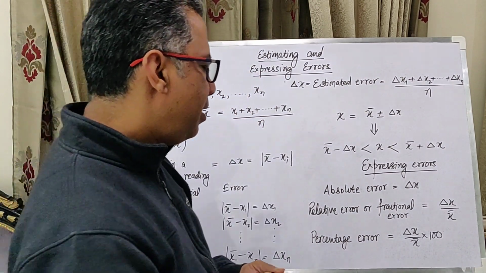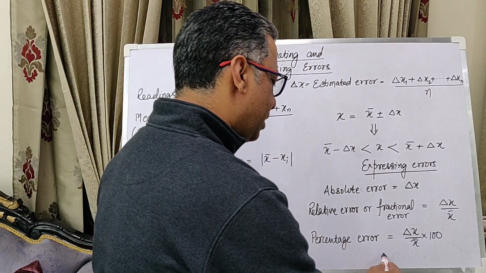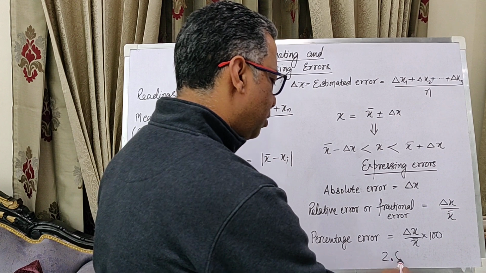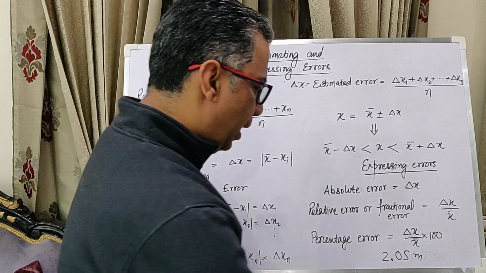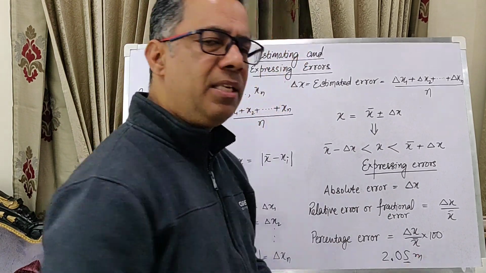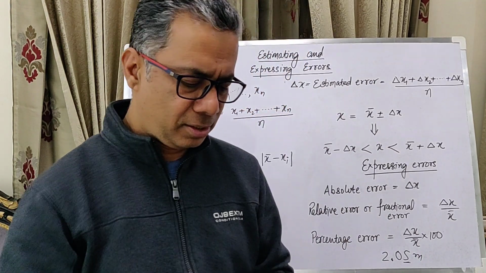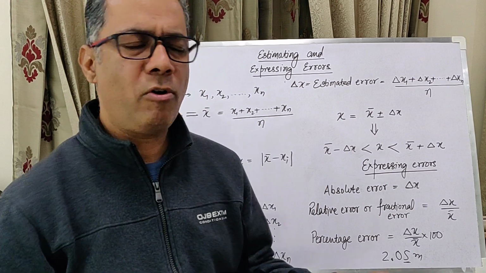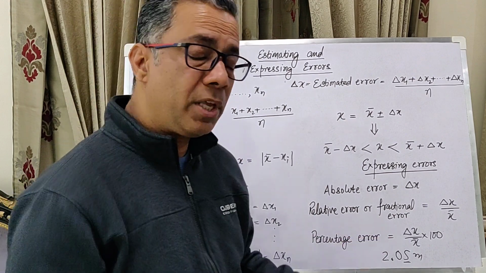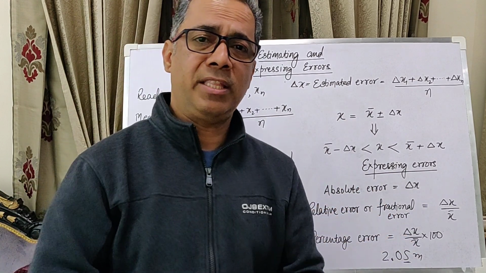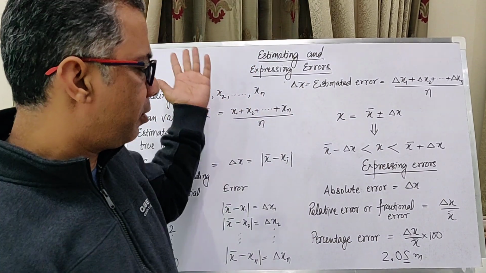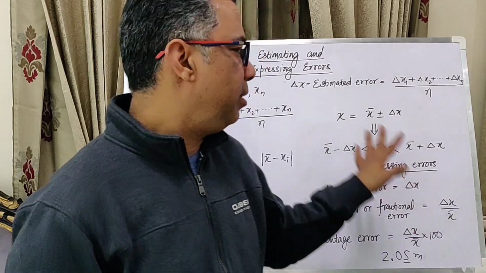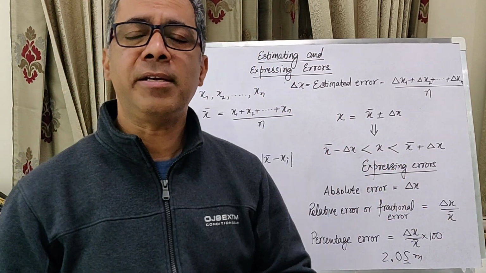For instance, there is some measured value that says 2.05 meter. Then a change of 1 in this last digit represents our estimate of error. If the least count is provided, we take that to be the error, and if data is provided, of course, this is how we estimate. This is one method of estimating errors.